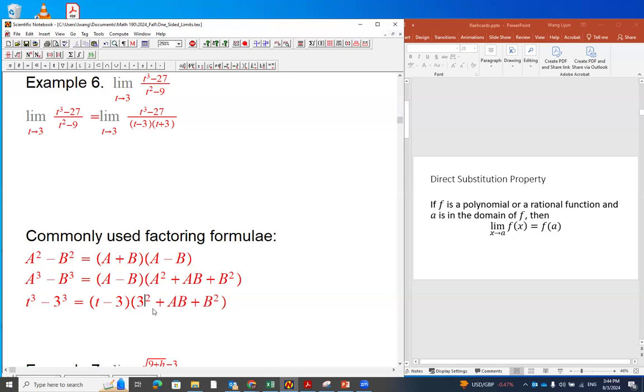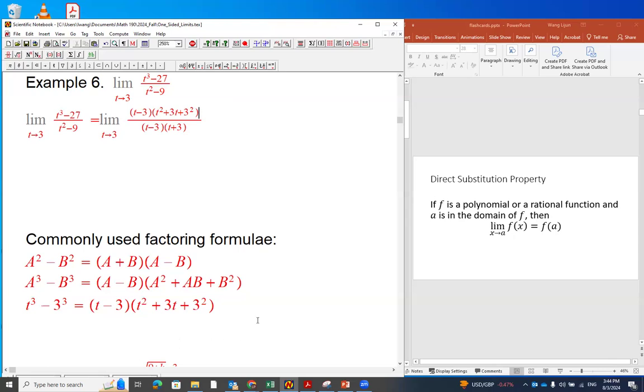So this is t minus 3, and this is t squared plus a times b, that's 3t, and that's going to be 3 squared. So I'm going to put my factored form in place. And 3 squared is 9. All right.